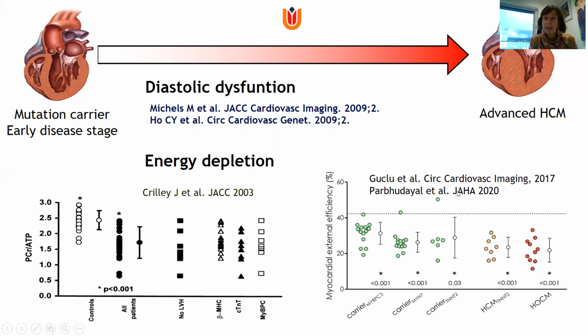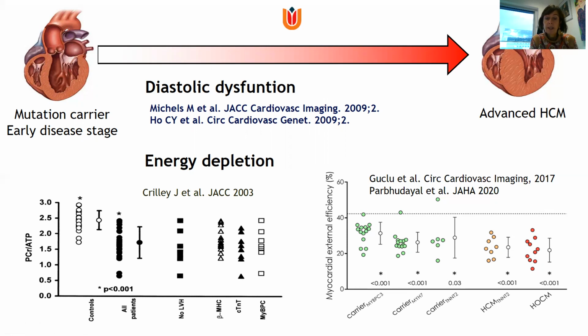So the dotted line is basically the levels which we find in healthy control persons. And you can see that most of the people who carry a mutation, the preclinical mutation carriers and also the HCM patients, have a reduction in cardiac efficiency.